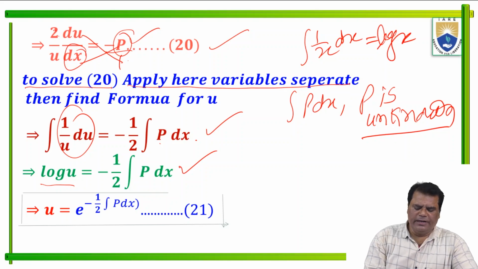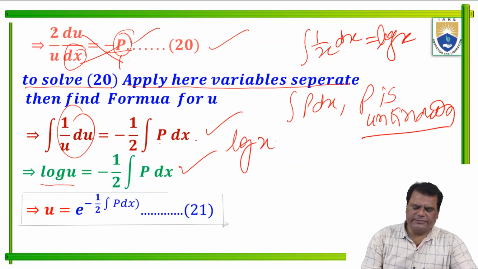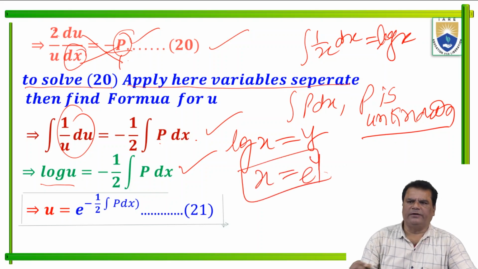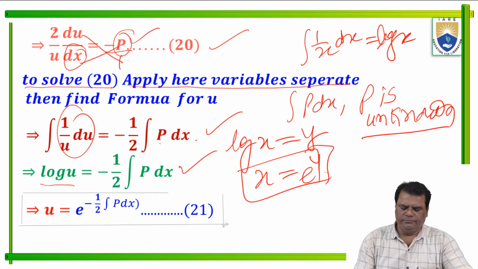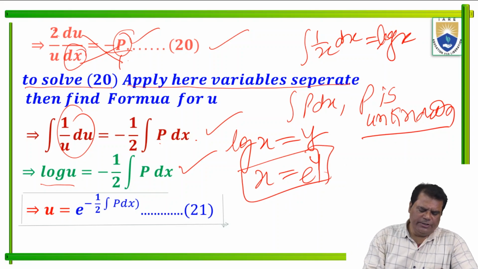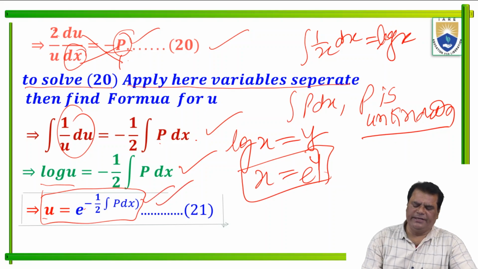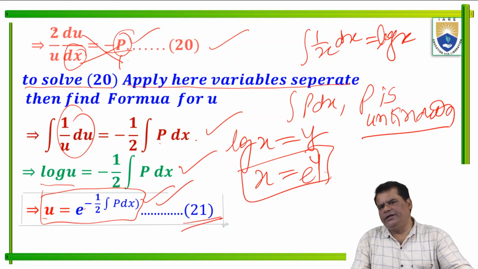Now removing the log: log x equal to y, so x equal to e to the power y. This is the formula. So we get u equal to e to the power minus half integral p dx. This is equation 21, the formula for finding u.